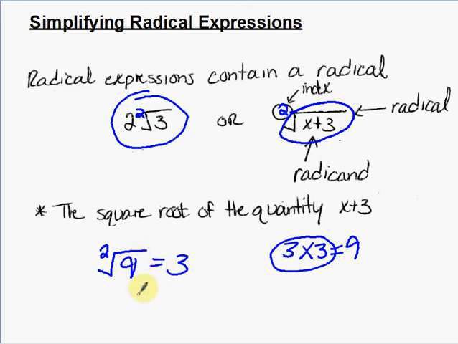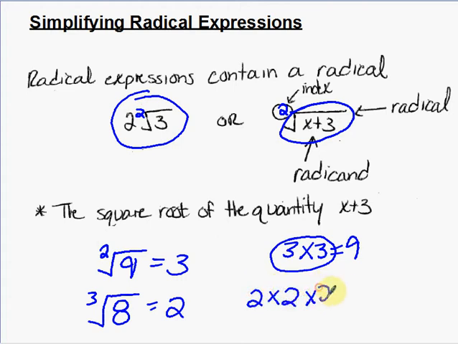Now, I could change that index. Instead of a square root, we could make this a cubed root. What is the cubed root of 8? That would be 2, because 2 times 2 times 2 equals 8. Three 2's multiplied together give you 8.